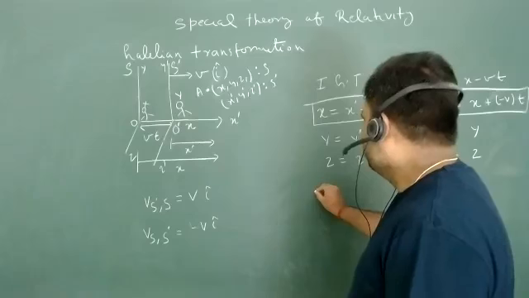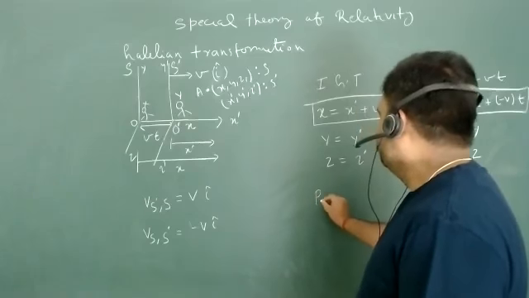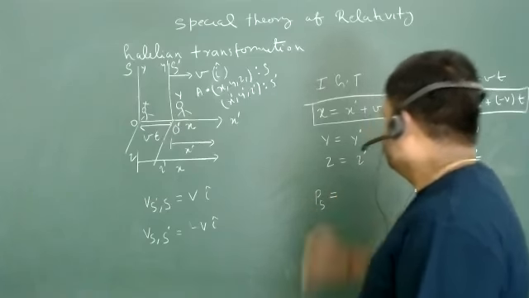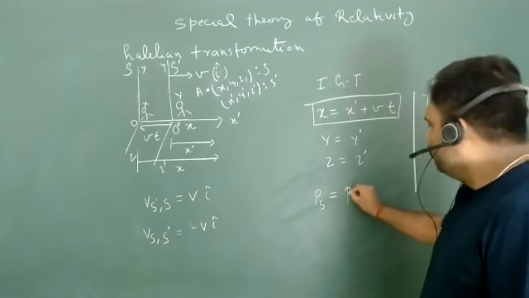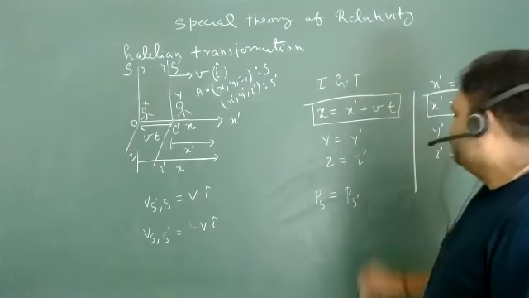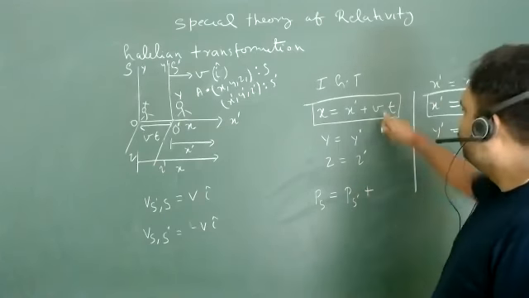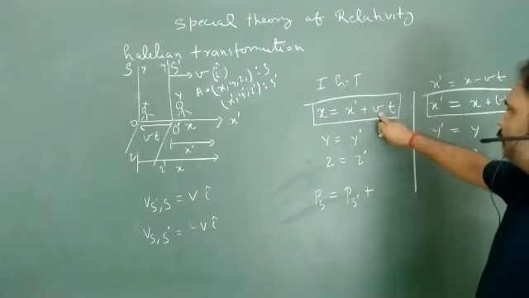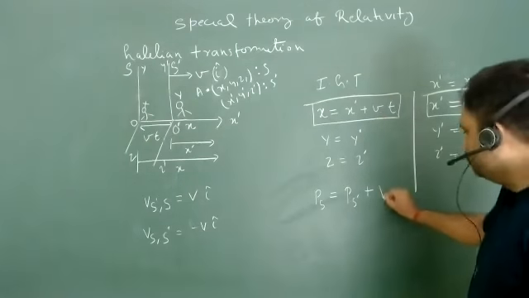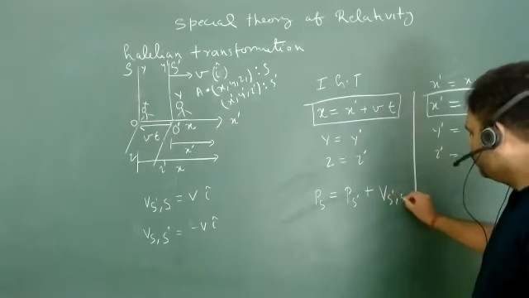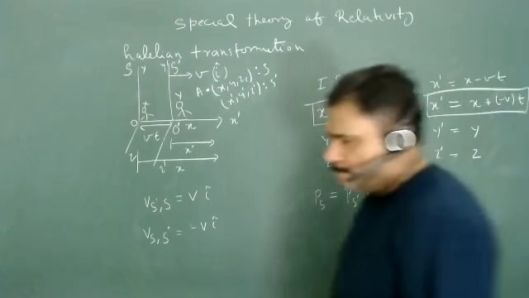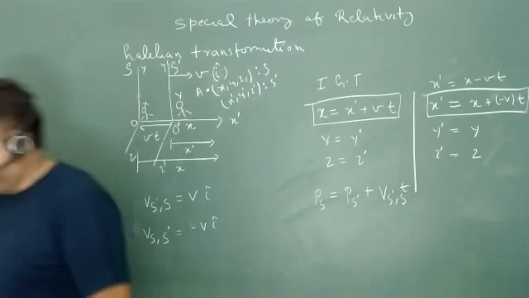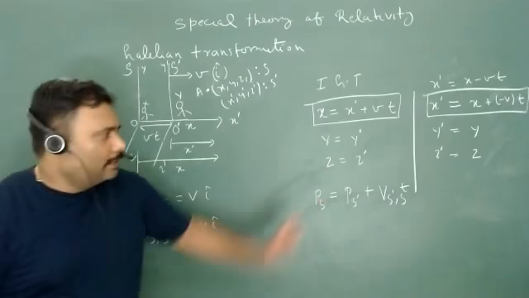So this thing is position of particle with respect to s, isn't it? And this thing is position of particle with respect to s dash plus what is v? What is v? Velocity of s dash with respect to s into t, isn't it? Yes, sir. That is the same thing.